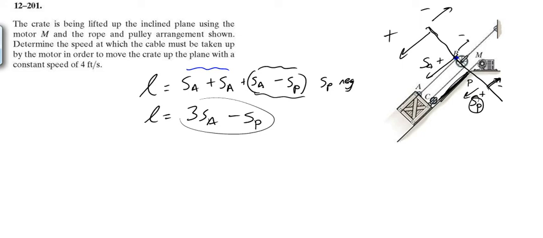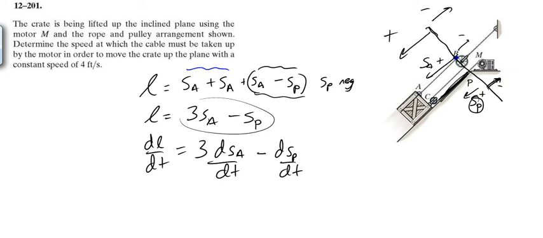Okay, so now we take dL/dt equal to 3 dSA/dt minus dSP/dt. And this is going to be equal to 0 because the total length of the rope is not changing. Anything lost here is going into the coil there.